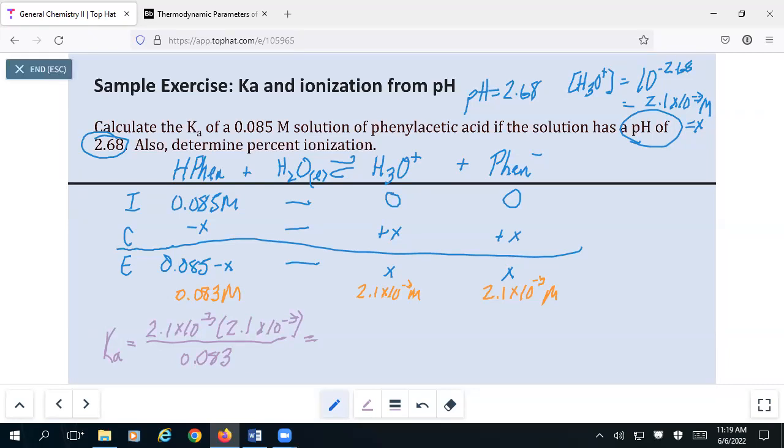I would get 5.3 times 10 to the negative fifth.